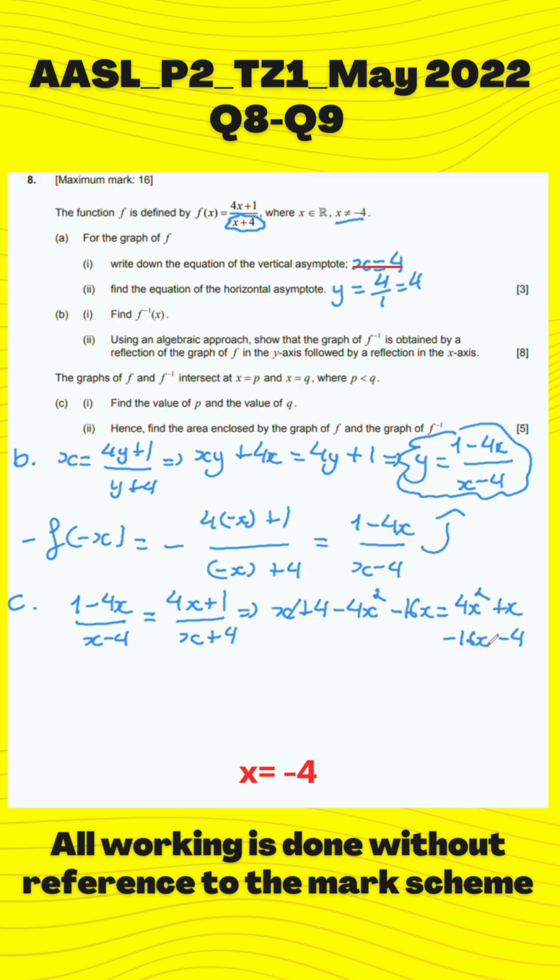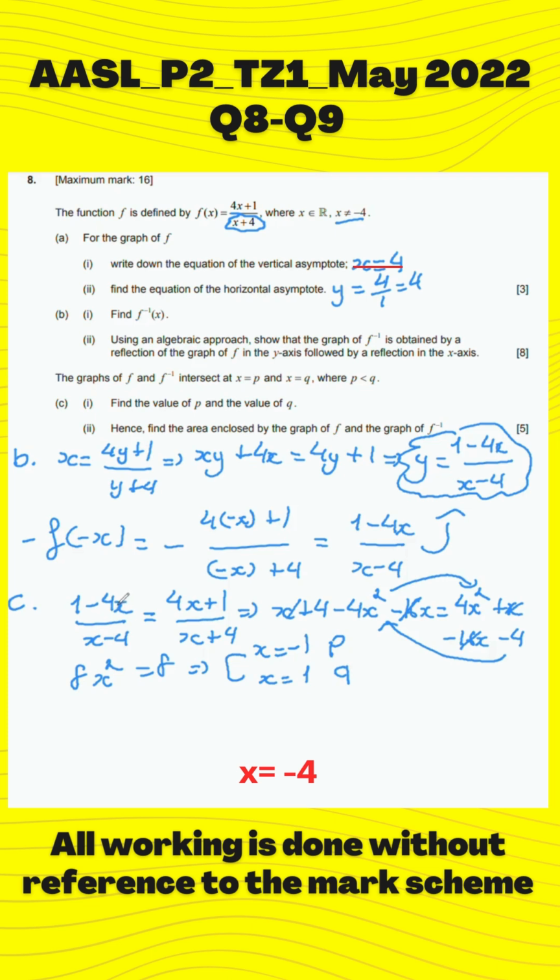Okay, we can simplify. Move this x squared to the right side and move this negative 4 to the left side. Finally, we have 8x squared equals 8. So x will be negative 1 or x will be 1. So this is P and this is Q because P is smaller than Q.